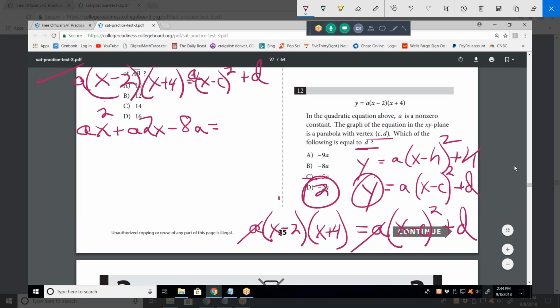On the right side, I get ax squared, and normally I would have minus 2xc, so I get minus a times 2xc plus c squared plus d.